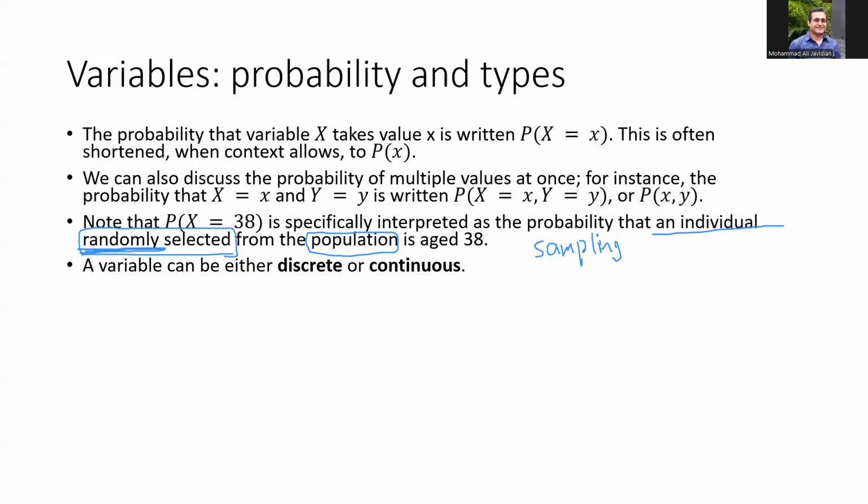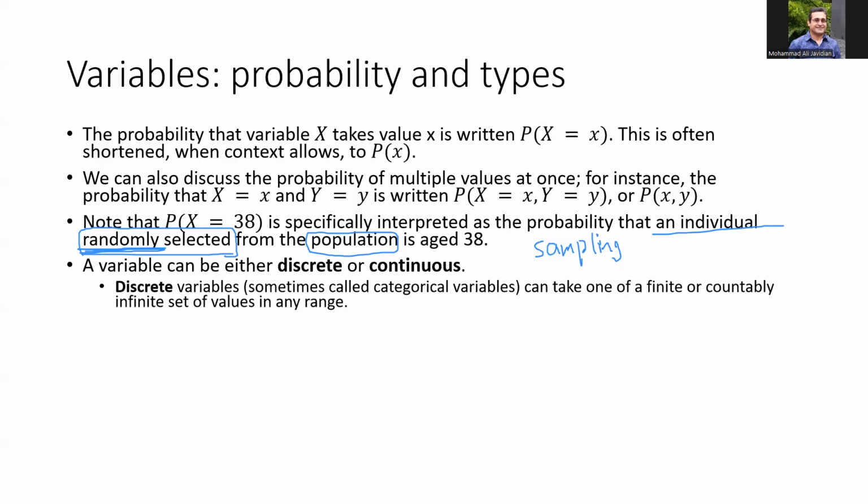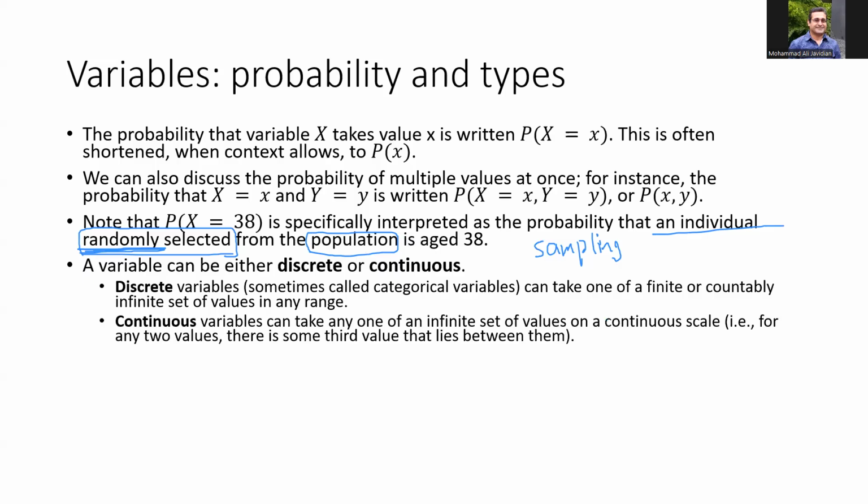Let's talk about different types of variables. A variable could be discrete, that means it can take one of a finite set of values in a range, or it could be a continuous variable.